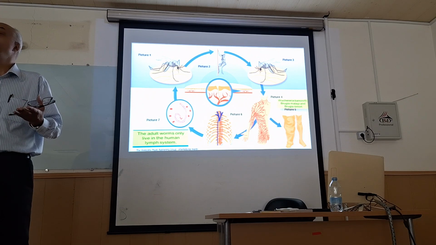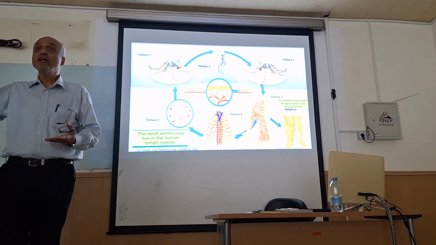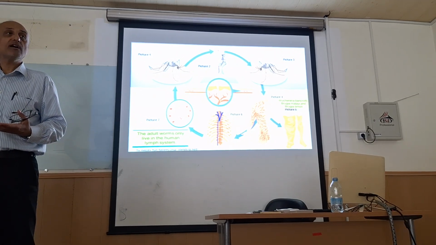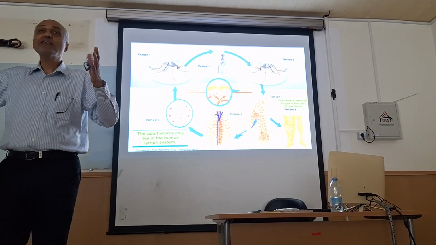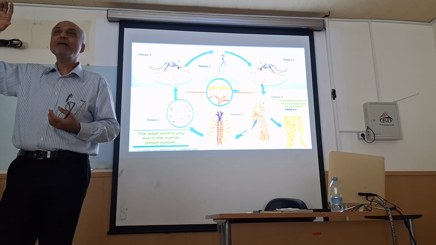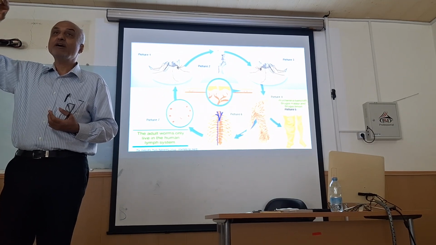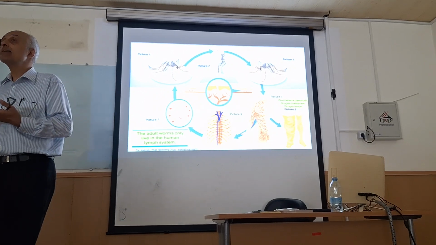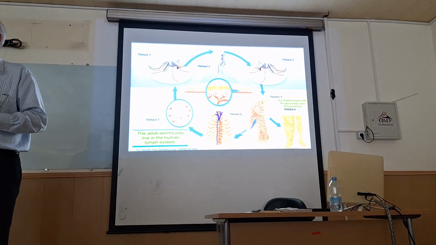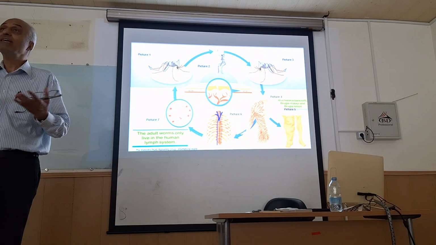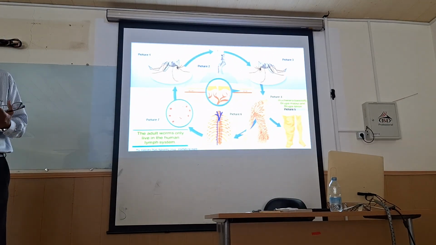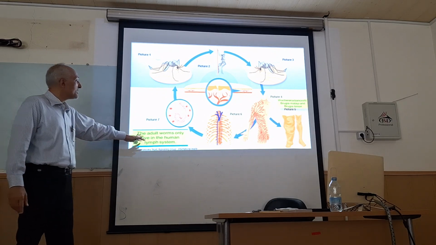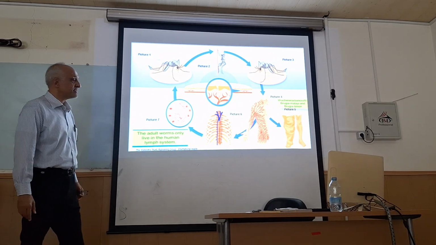You have to ask the people to come to you nearly at night, around 9 p.m. to 12 midnight. It is very important. At that time, microfilariae are found in the circulation and you can get them. Otherwise, for the rest of the day they are in internal organs and you cannot find them. So the adult forms only live in the human lymph system.